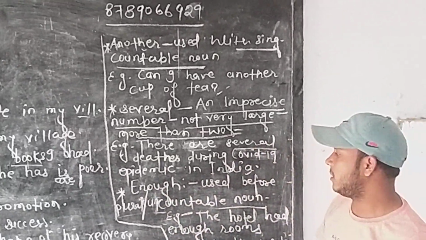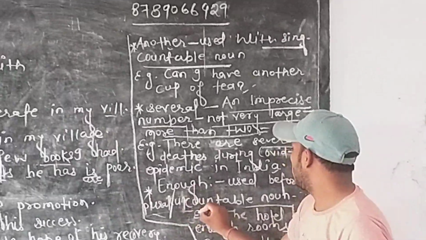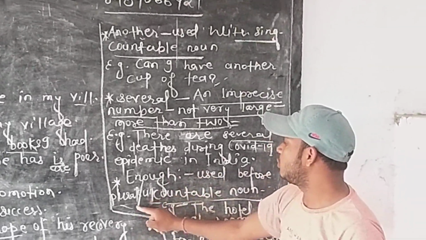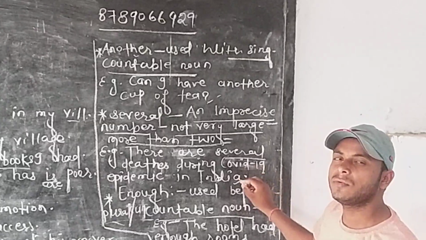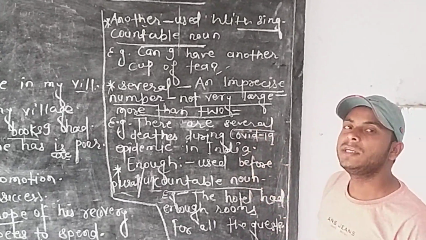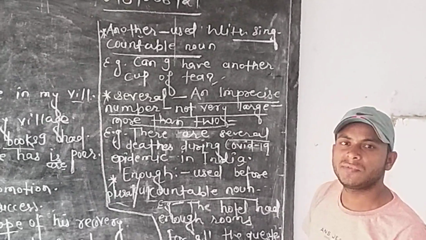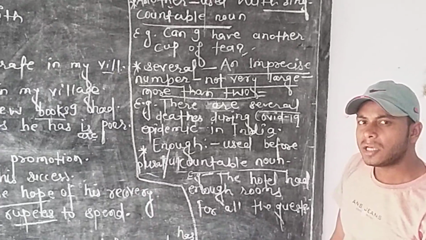Now we have to know about enough. Enough is used before plural or uncountable nouns. So I want to tell you, when is it used? It is used whenever something is sufficient or as much as needed.